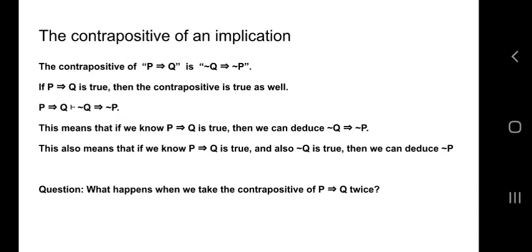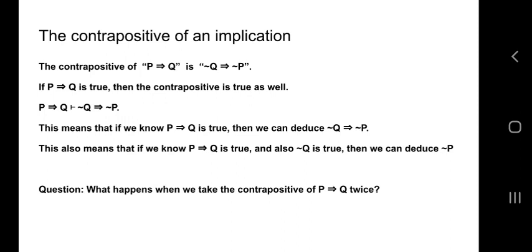So when you take the contrapositive of P implies Q twice, you're going to get a formula that's equivalent to P implies Q. It's not going to be P implies Q, and that's a key point, right? Because if you take the contrapositive of not Q implies not P, you're going to get not P implies not Q. But it is equivalent to P implies Q. So that's important to know.